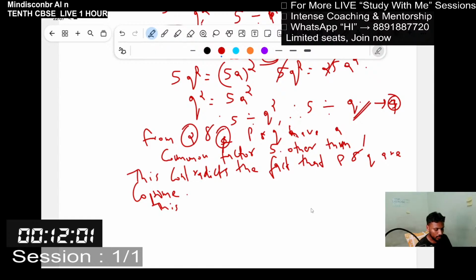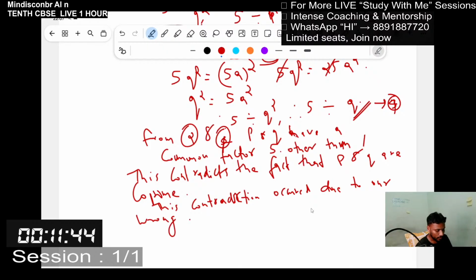This contradiction occurred due to our wrong assumption that root 5 is rational.